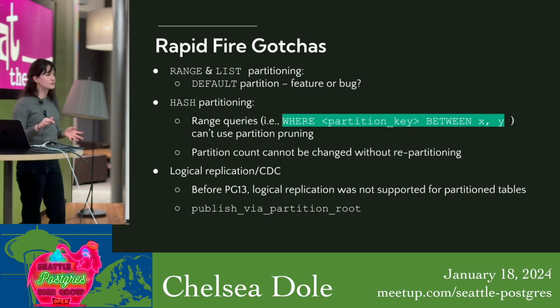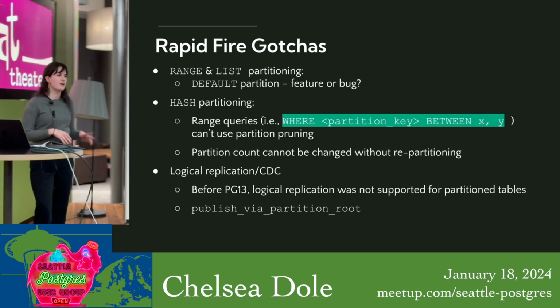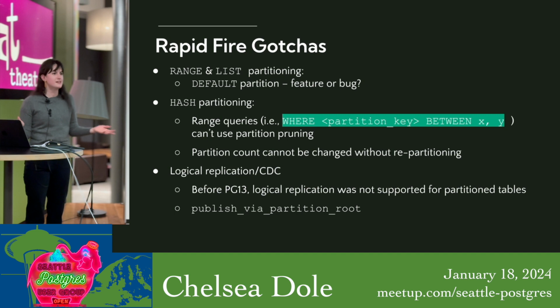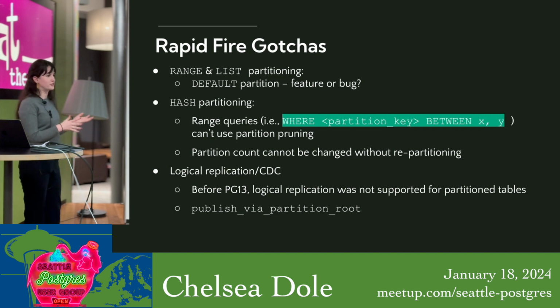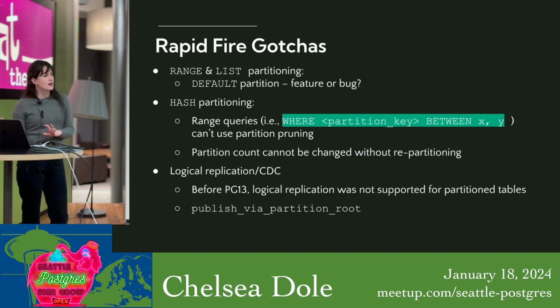However, I have seen situations where you create the default partition and then you say, wow, this partitioning thing really sucks. Why is performance so bad? Then you look and you have a default partition of 800 gigs, and you just forgot to create the migrations or something like that. So it is something to keep an eye out for, and especially if you don't have observability on default partition size, you might see degradation and not realize why.